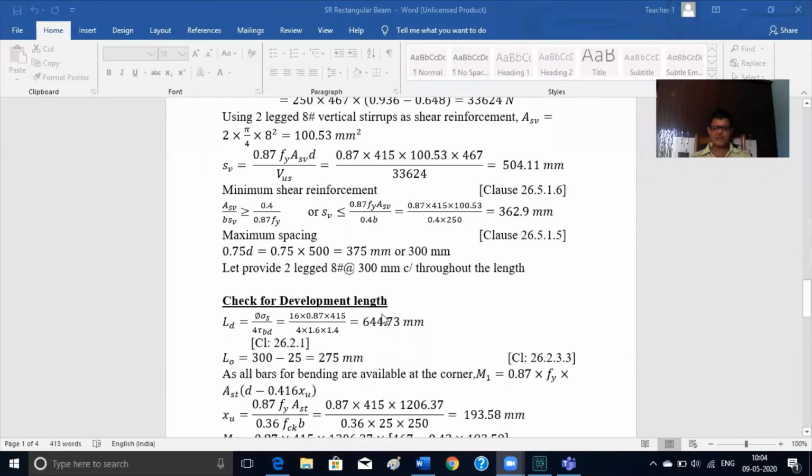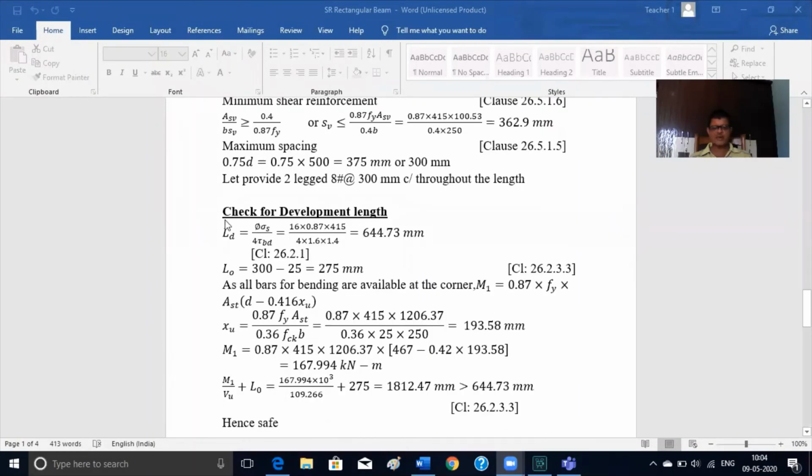So shear design is done. Next come to development length. We have already discussed development length problems. So what is Ld? Ld is equal to phi sigma S by 4 tau bd, and tau bd you can find from the table in clause number 26.2.1. From the table find out the value of tau bd, and phi is 16 and sigma S is 415. And what is L0?